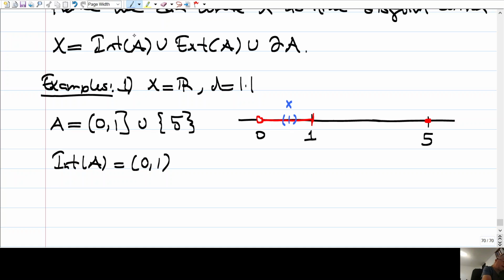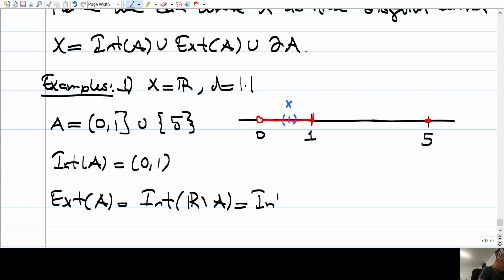What about the exterior? Well, exterior of A. So this is the interior of what? R minus A, right? Interior of R minus A. And what is this? If I subtract A from R, I get what?